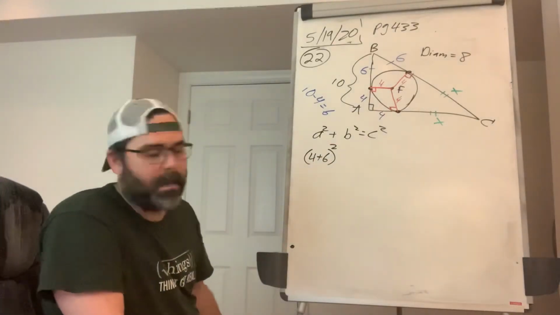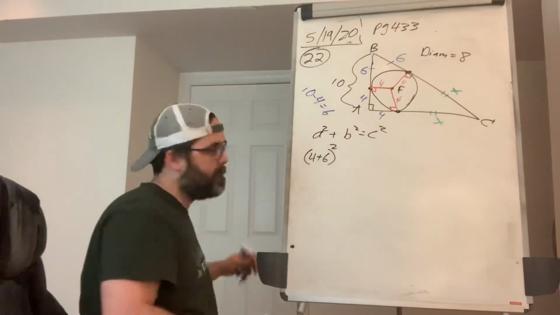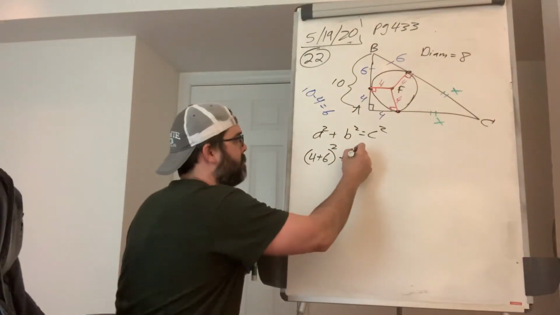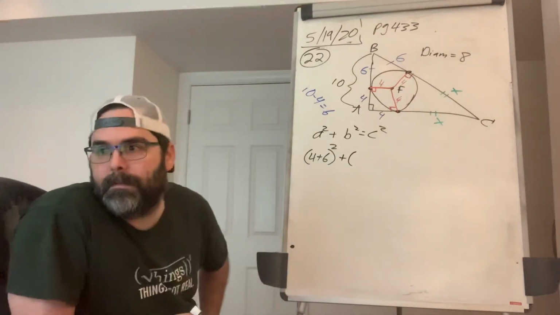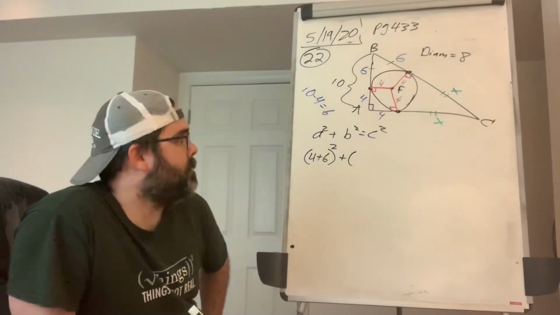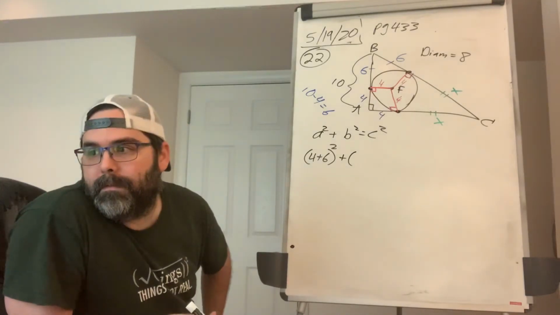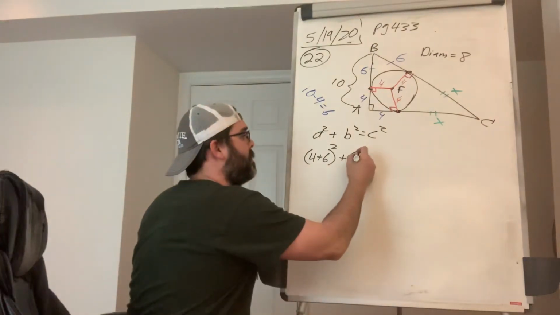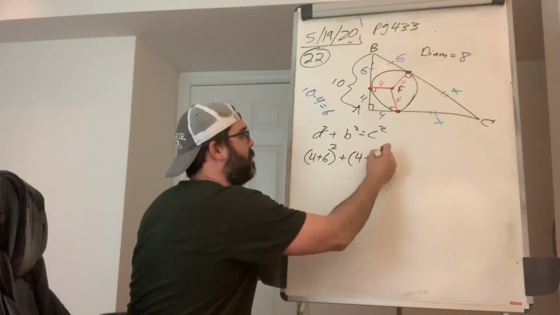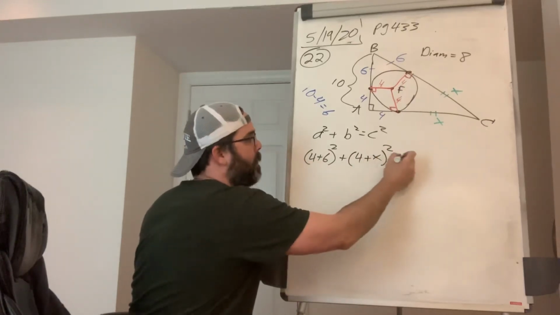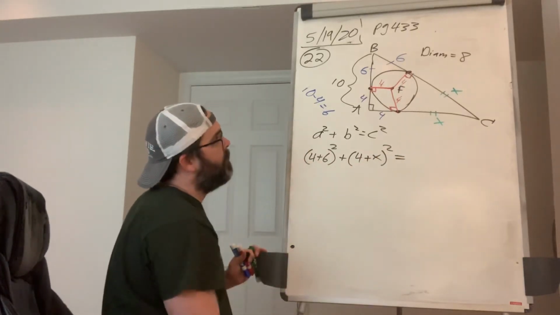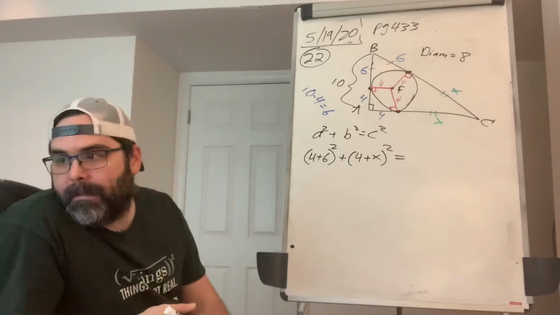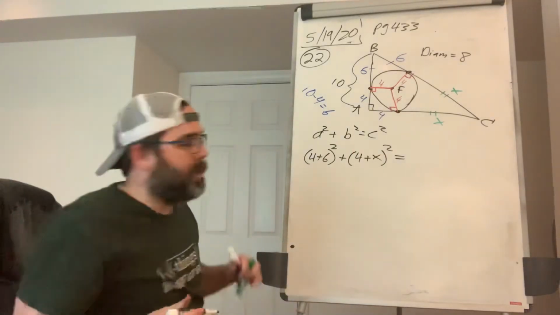You'll see why in a second. What is b? Correct. 4 plus x. And what is c? 6 plus x. Good.